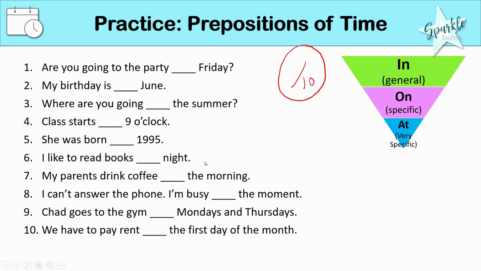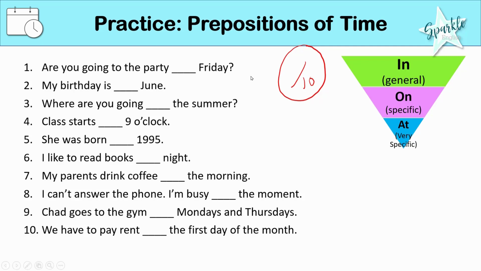Number 6, I like to read books night. Number 7, my parents drink coffee the morning. Number 8, I can't answer the phone. I'm busy the moment. Number 9, Chad goes to the gym Mondays and Thursdays. Number 10, we have to pay rent the first day of the month.